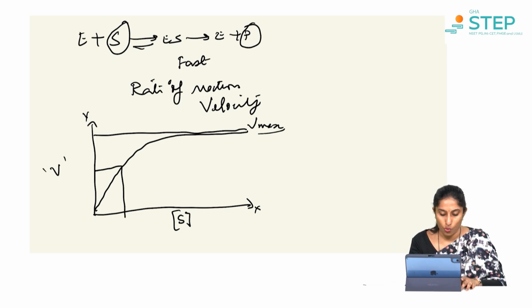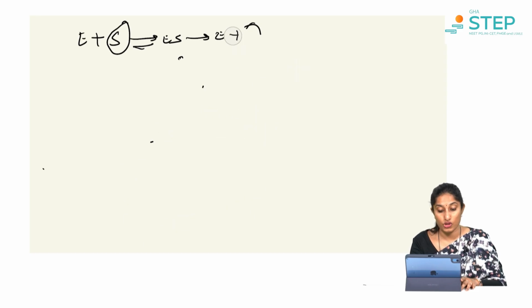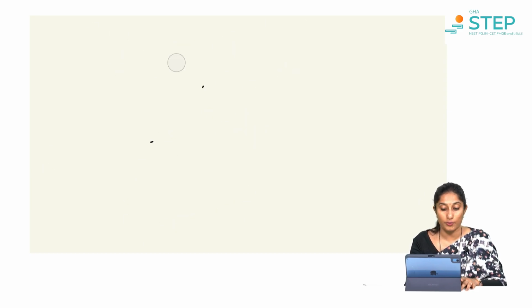Then another important part of the enzyme activity is the Km. So, Km and Vmax are the most important factors you need to remember when we talk about enzyme activity. So, what is Km? Km is the Michaelis constant.